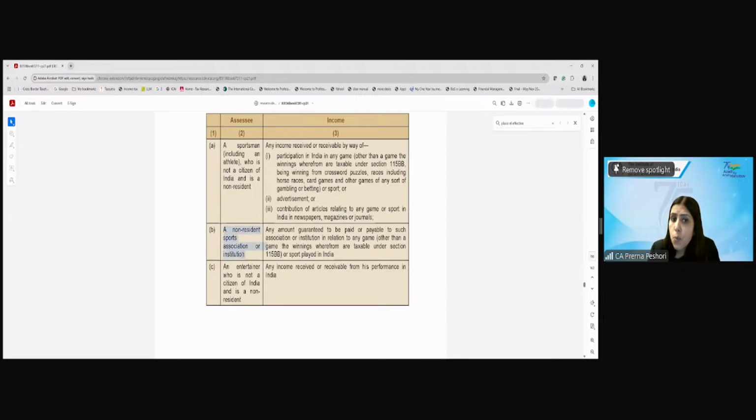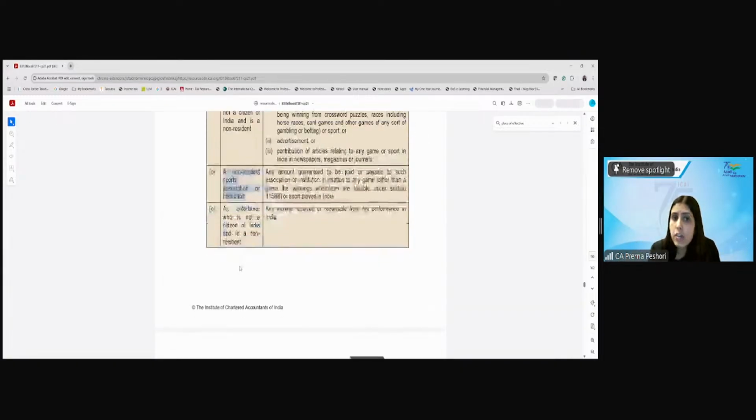Any non-resident sports association deriving any income from guaranteed amounts paid in India, in relation to any game or sports, is again covered under this. Any entertainer who is not a citizen of India and is a non-resident, on income received from his performance in India. These days there are many non-resident performers coming to India and performing here.